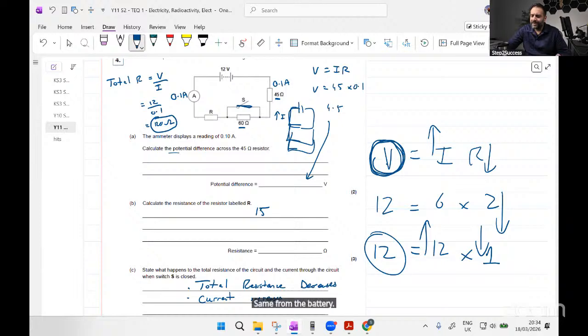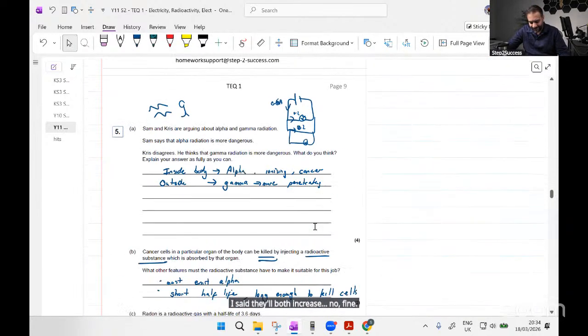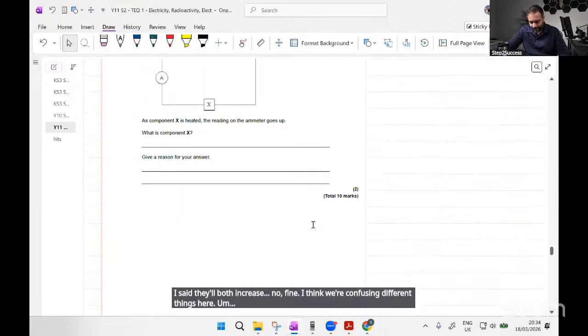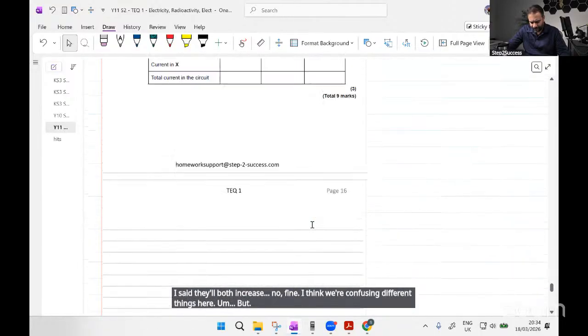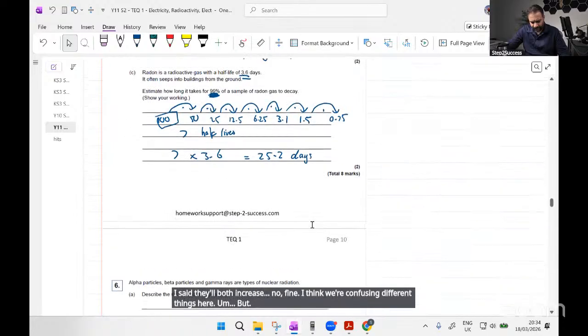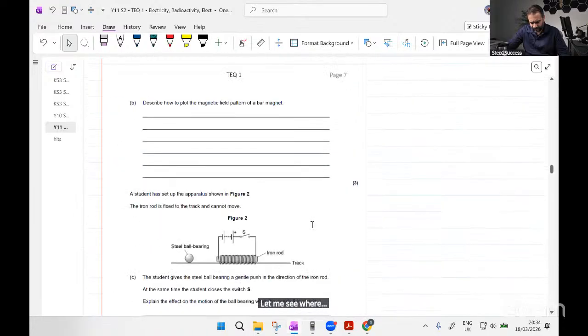I said they'll both increase. No, wait, I think we're confusing different things here. But let me see where I was talking about that.